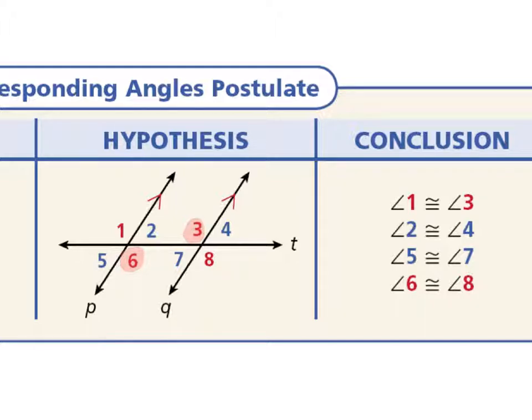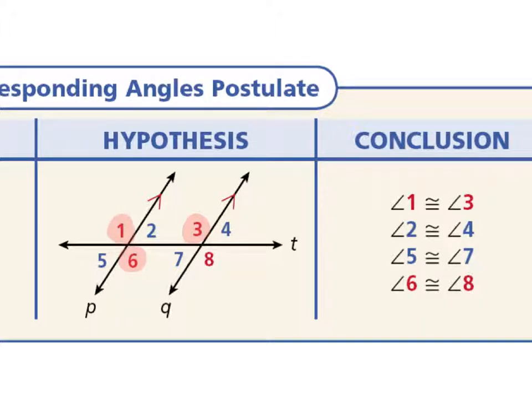They're on opposite sides of the transversal and they're on the interior, right? So they would be alternate interior. So alternate interior angles are going to be congruent.